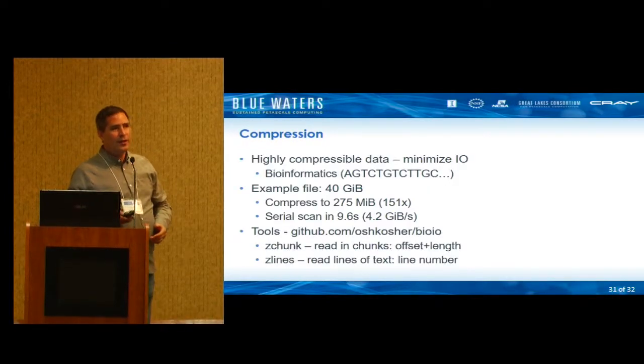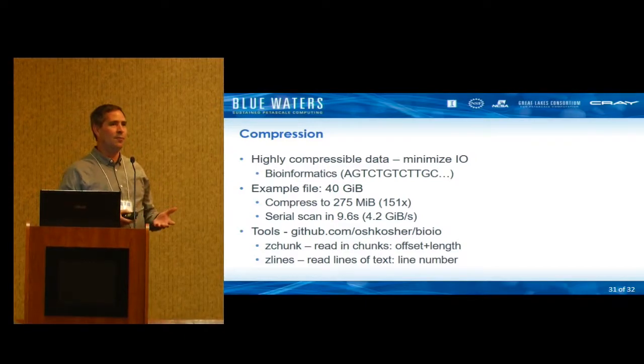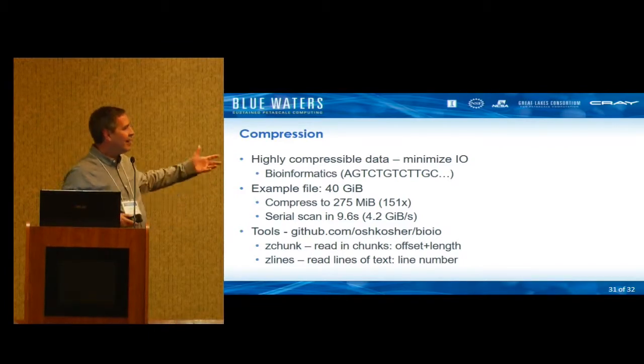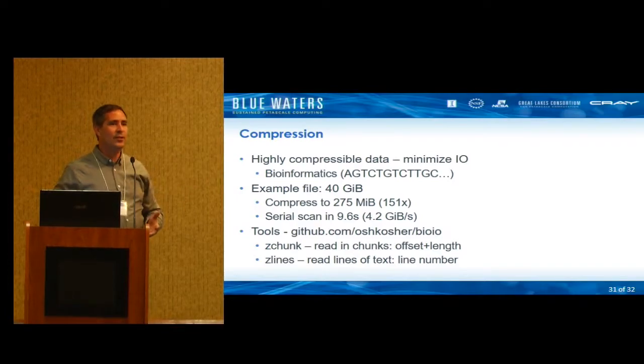Now, one thing to consider if you're doing bioinformatics data or anything else that's very compressible: consider storing your data compressed. If you're going to be reading it many times, take all that file full of A, G, T, and Cs and just store it compressed with gzip, bzip2, or whatever. That gives you an instant multiplication in your throughput.